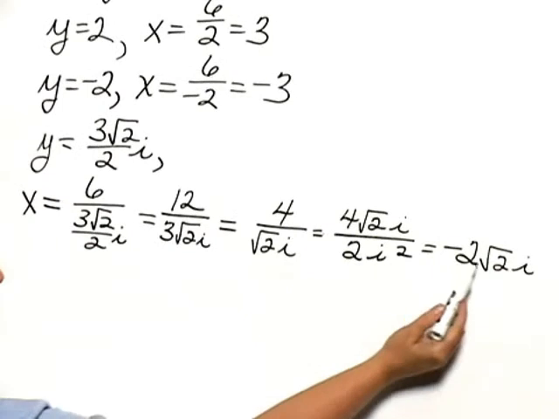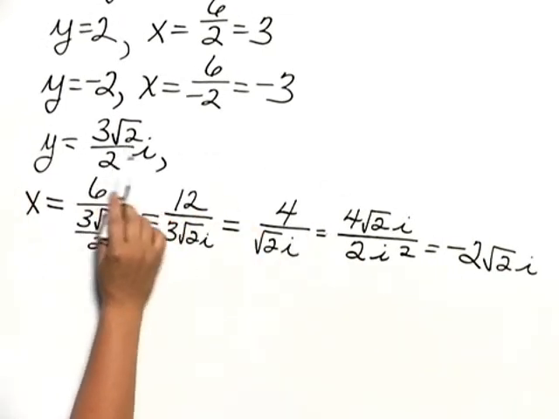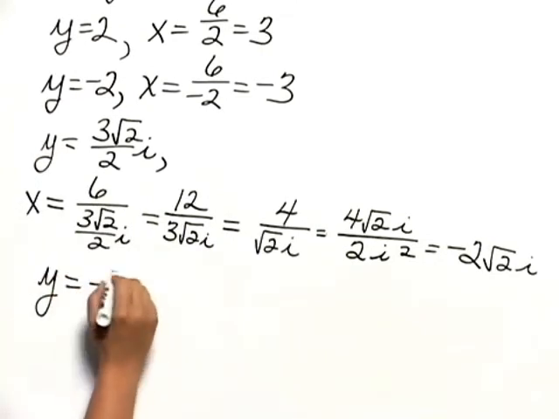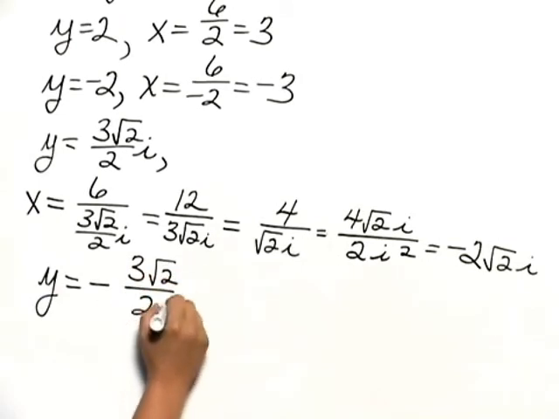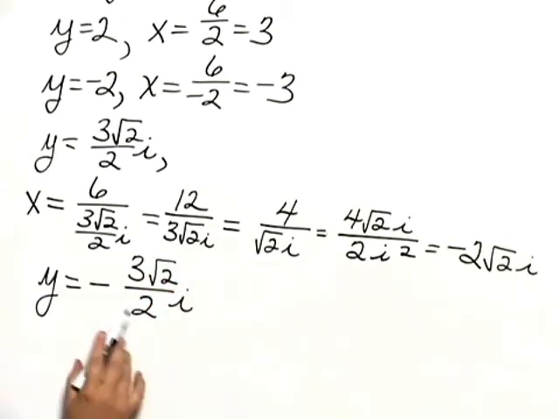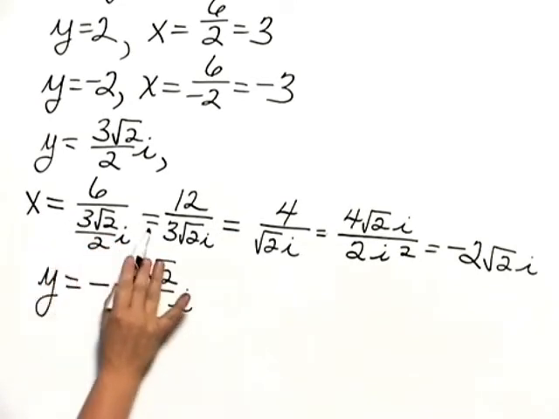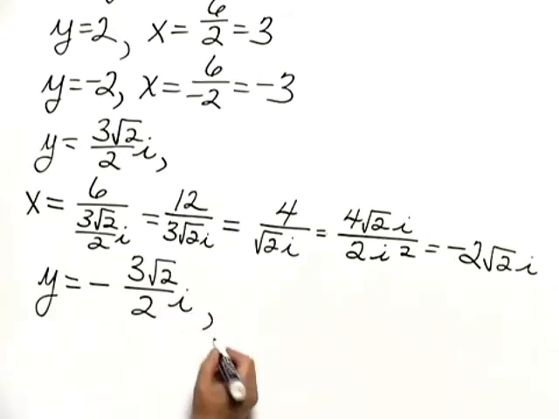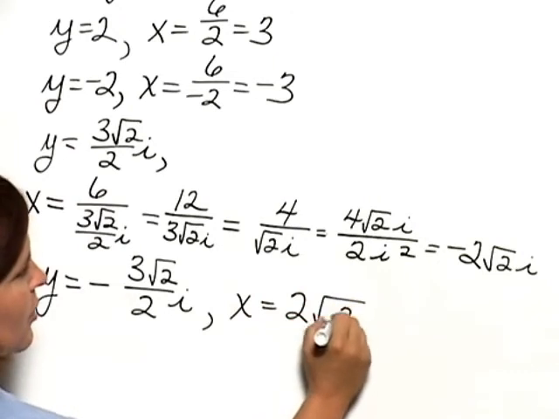And that gives us the ordered pair, -2 square root of 2i, 3 square root of 2 over 2i. The last value of y is -3 square root of 2 over 2i. Now if we look through this, we'd find that this will be just like this, only we have a negative sign all the way through, which would change the sign of the answer. So we would just have x equals +2 square root of 2i.